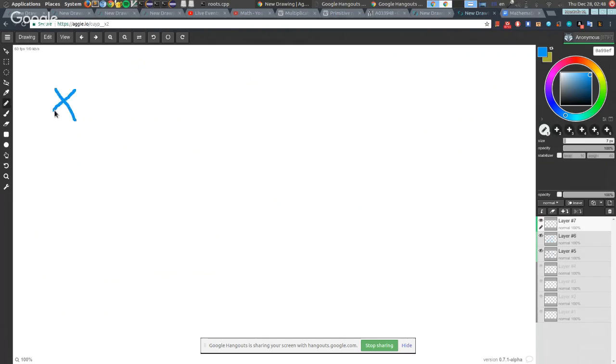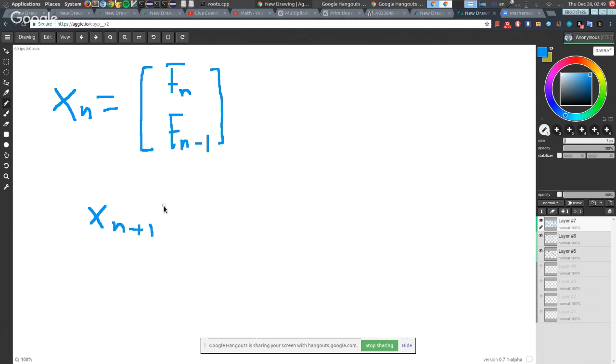If we define this column vector xn as the nth Fibonacci value and the (n-1)th one, here we can multiply this vector times some matrix M. We try to get xn plus 1.